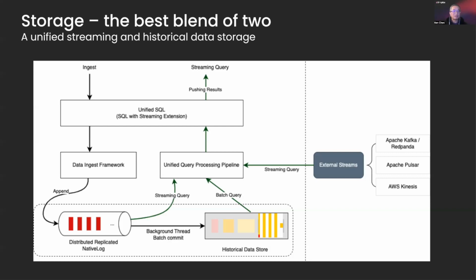And also please note that the on-disk representations of the streaming store and the historical data store are pretty similar. This kind of on-disk representation is very friendly and very efficient to convert to an in-memory representation as well.